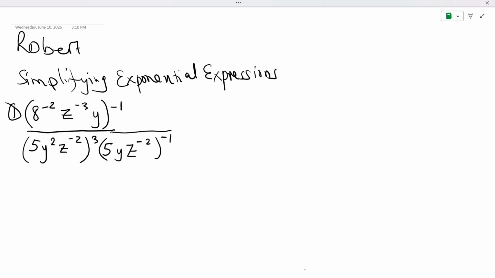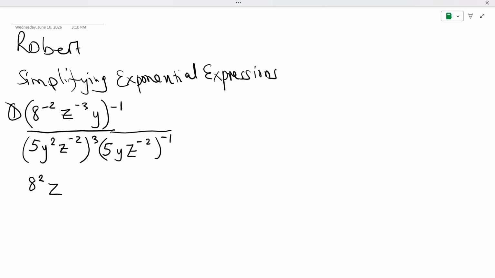Now, we have to go step by step in trying to simplify this expression. And we start off by saying, okay, let's get rid of the parentheses. So at the top, we have 8 to the power minus 2 powered to minus 1. This becomes 8 to the power minus 2 times minus 1, which will be positive 2.